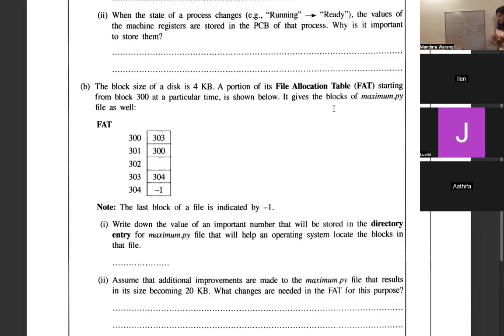What changes are needed in the FAT for this purpose?